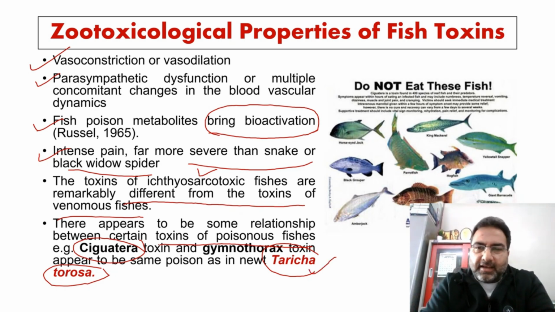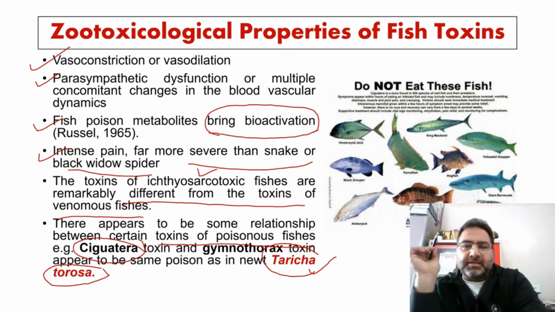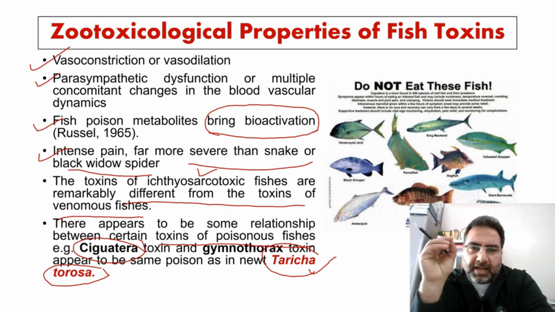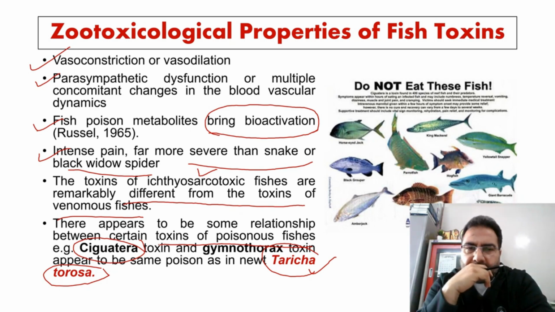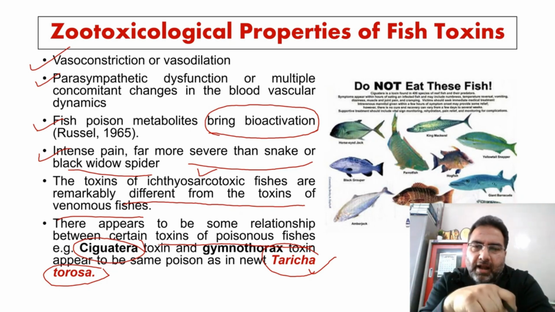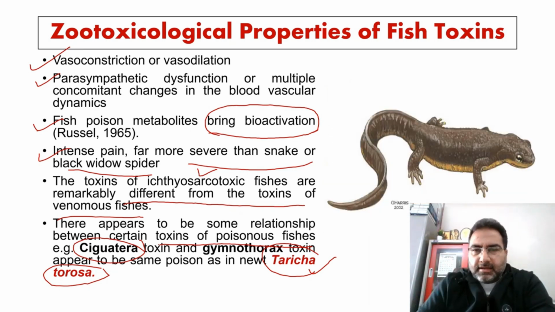So the newt, a terrestrial animal sometimes present in the water, has a poison similar to that of the fishes Ciguatera and Gymnothorax.